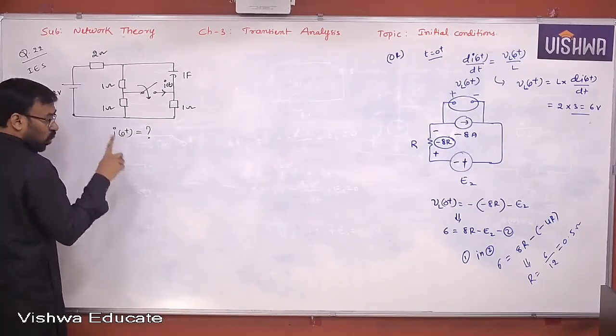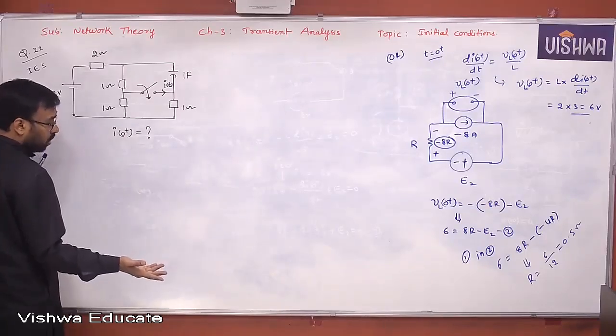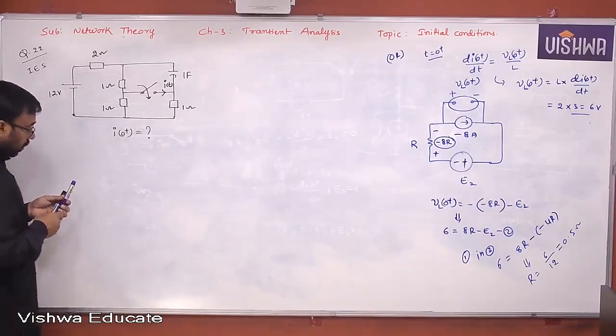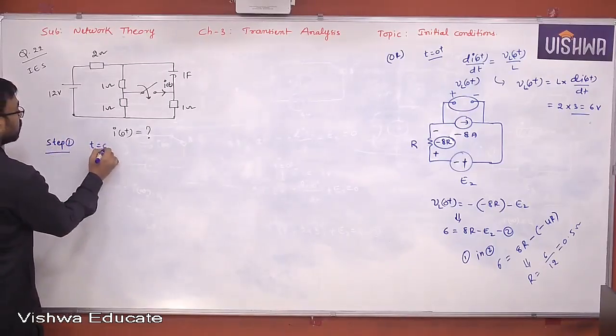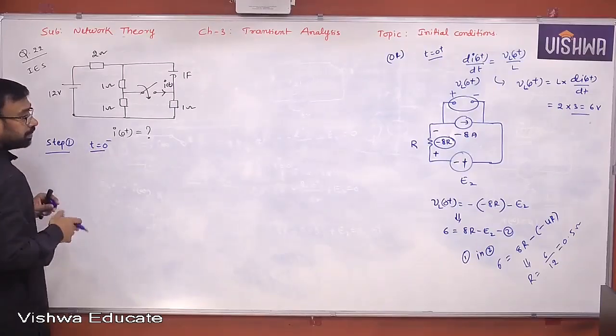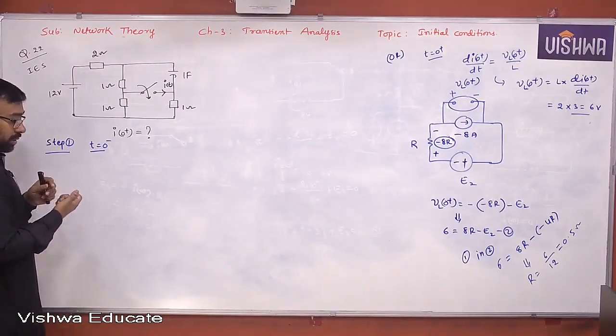Other than current through inductor, whichever is asked, you have to again go for step 2, t equals 0 plus equivalent circuit. So, for that, I go for step 1 first. What is step 1? Construct t equal to 0 minus equivalent.